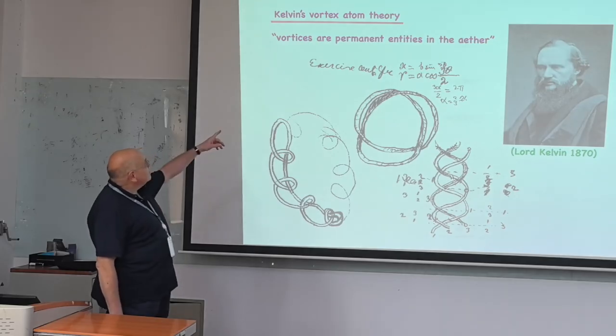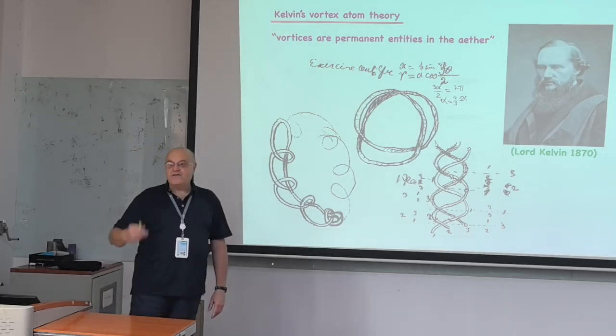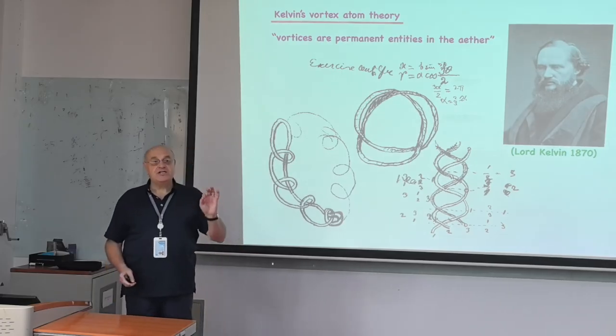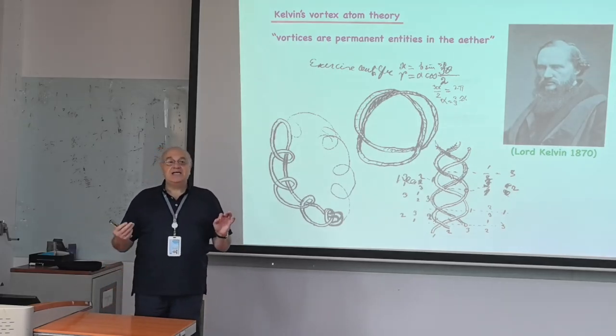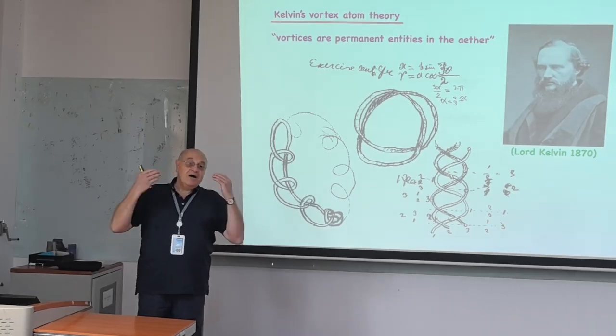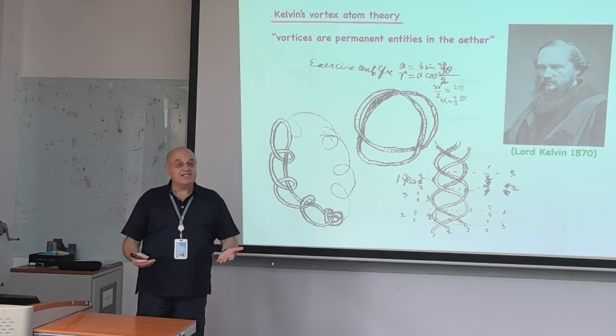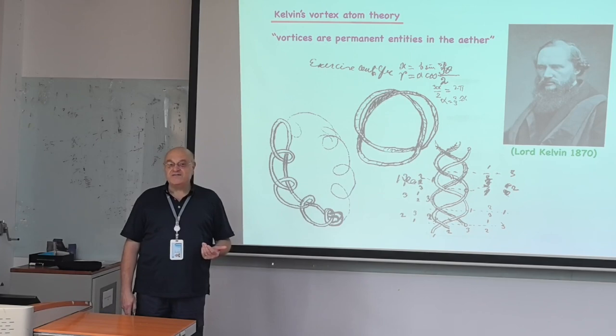And you see here the idea of a vortex atom theory. Maybe you know it. I just mention that the idea of Kelvin is a modern idea, a current idea of Ed Witten and others in high energy physics.